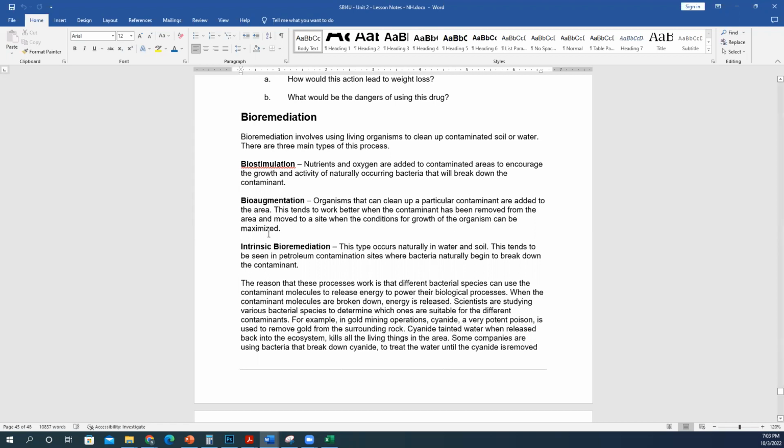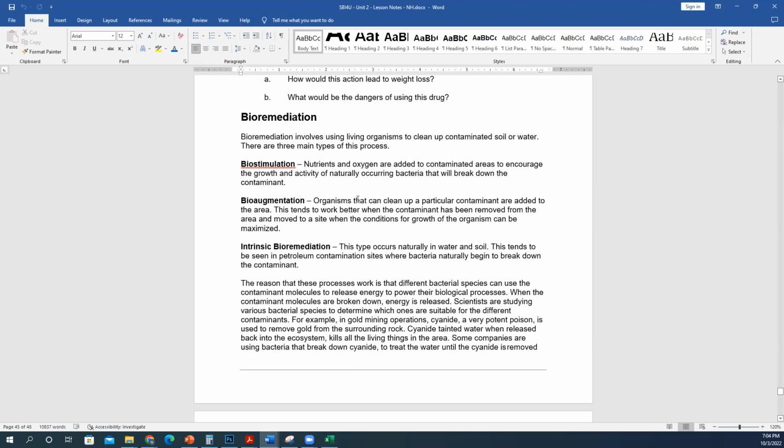In biostimulation, you add nutrients and oxygen to contaminated areas, hoping to see an increased growth and activity of naturally occurring bacteria that will break down the contaminant.